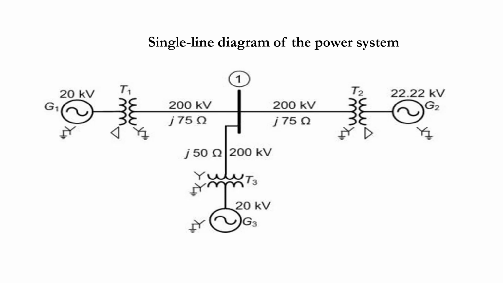Then through the transmission line, it is connected to the bus. Similarly, the generated voltage of G2 is stepped up by the transformer and transmitted and connected to bus 1. Like that, in generating station G3, it is again stepped up by using a step up transformer and through the transmission line, it is connected to the bus. So this is a simple single line diagram of a power system.